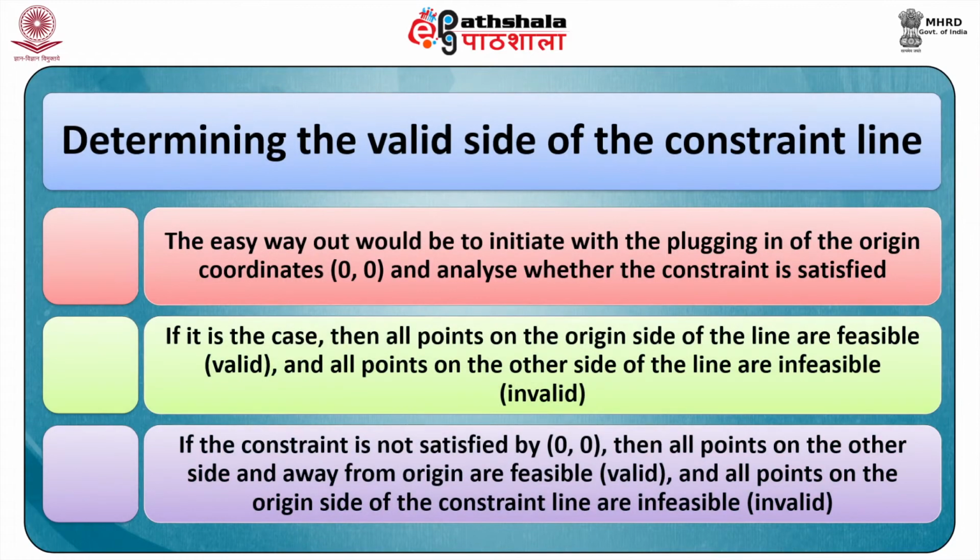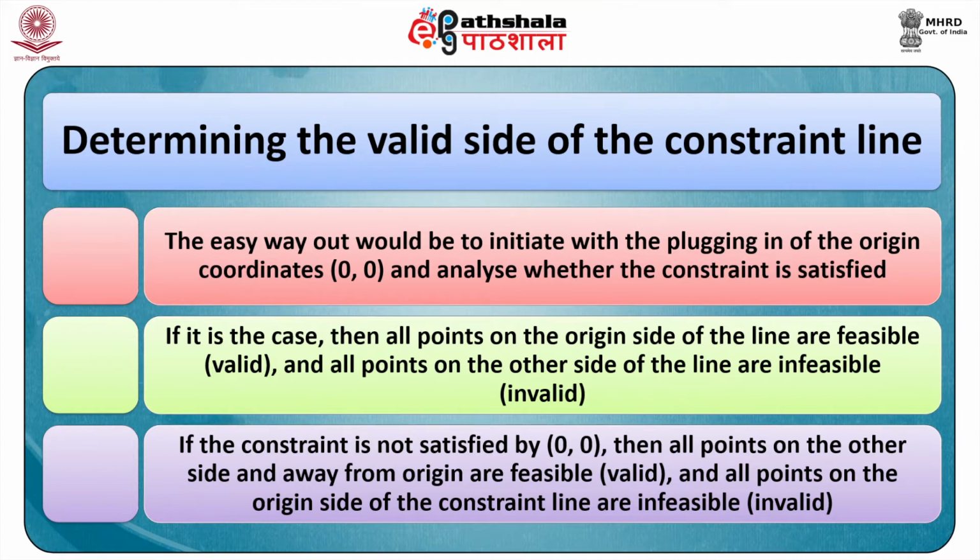Step 3, determining the valid side of the constraint line. The easy way is to initiate by plugging in the origin coordinates, that is 0, 0, and analyze whether the constraint is satisfied. If it is the case, then all the points on the origin side of the line are feasible, that is valid, and all the points on the other side of the line are infeasible, that is invalid.